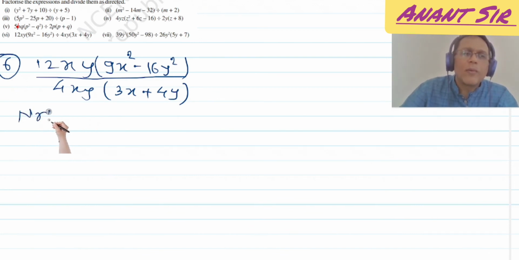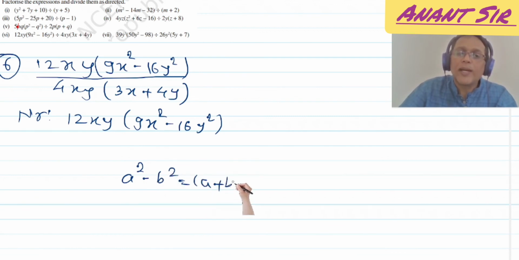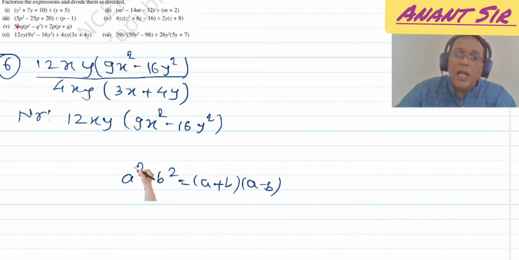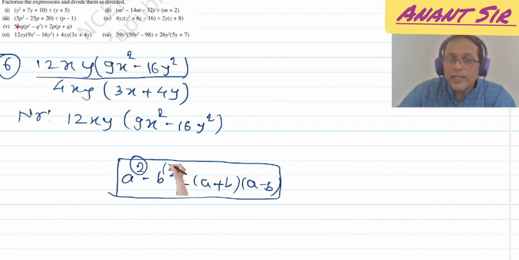So what is the numerator here? The numerator is 12xy into 9x square minus 16y square. Again see, you can use this formula, a square minus b square is (a plus b)(a minus b). When do we use this formula? When we have two squares and negative in between them.